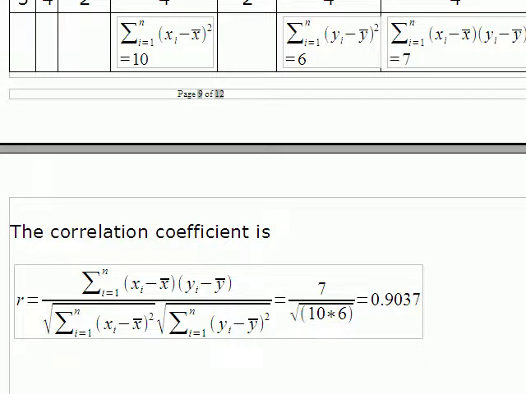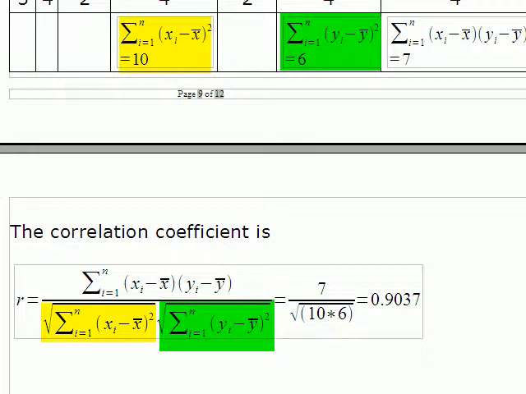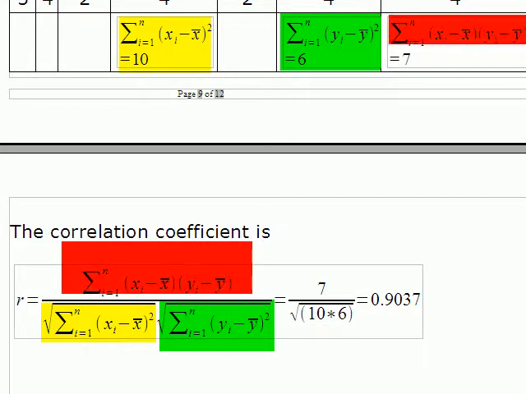Okay, so here is our correlation coefficient. Here were the x's, and this is the x term, came off of here. Here's the y's. This would be SSyy right here. And now the numerator is right here.